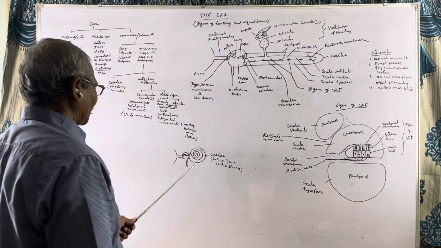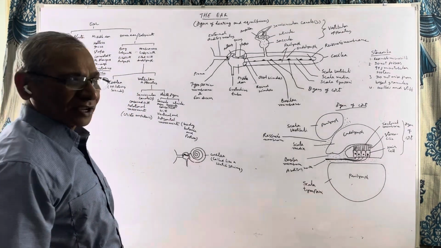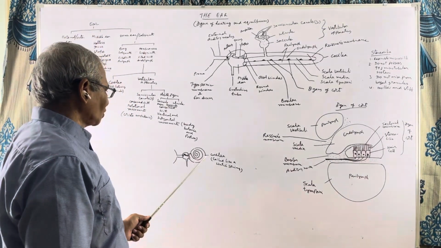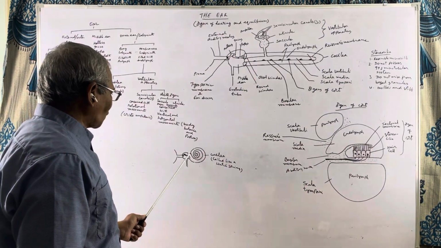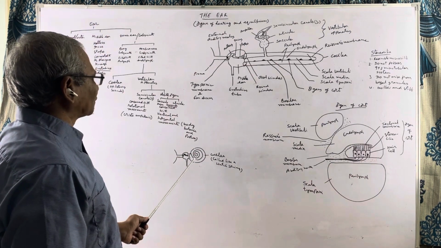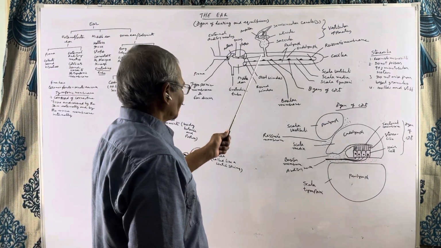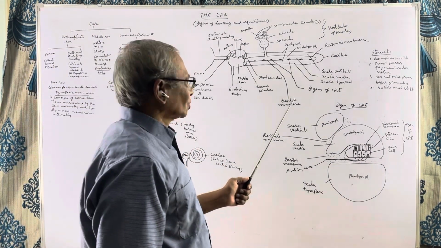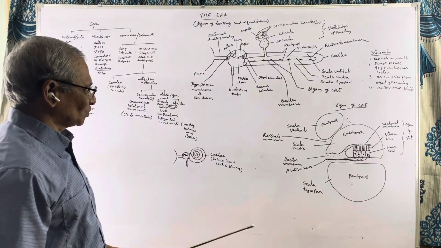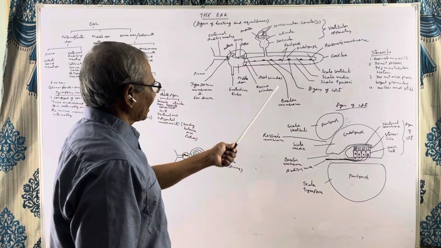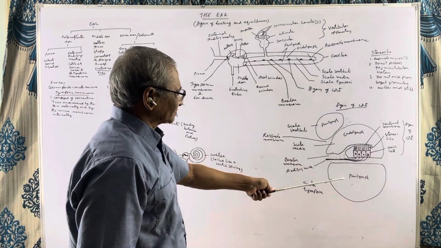First, let us take up the function of cochlea. I have already told you, cochlea is spirally coiled. It is like a watch spring, and if you stretch it, it looks like this. Only in this way you can understand its function and structure clearly. If you take cross section somewhere here, it appears like this.